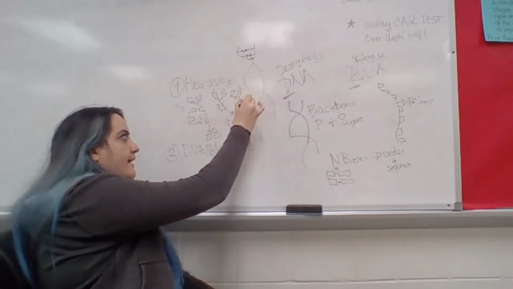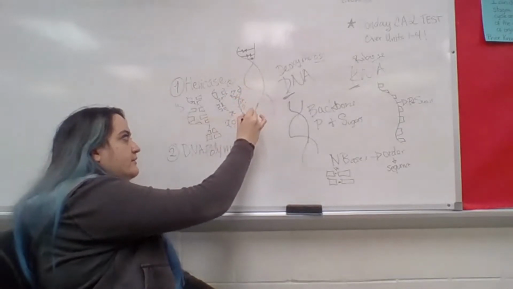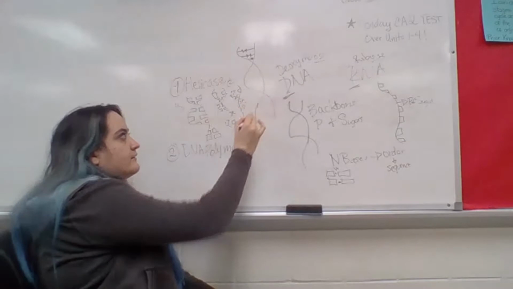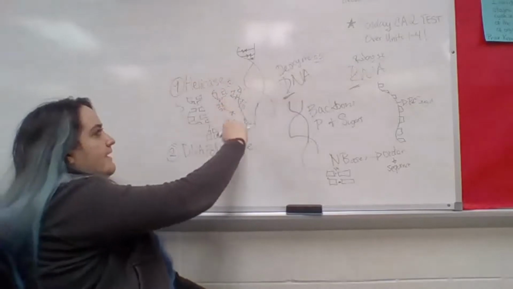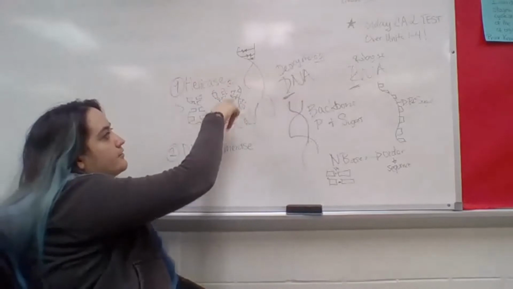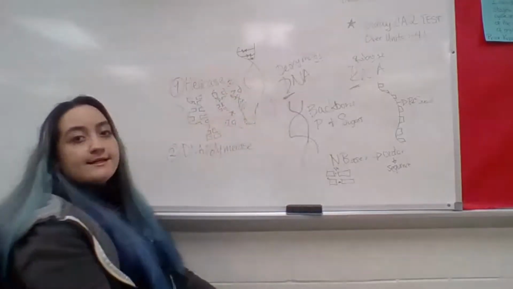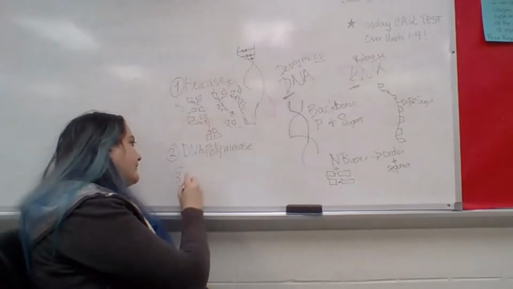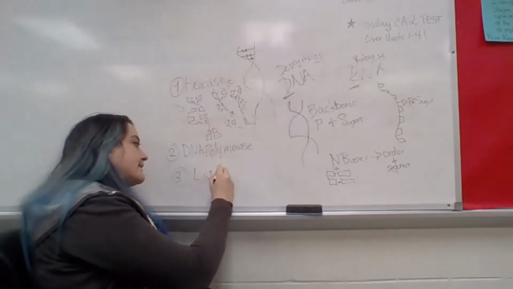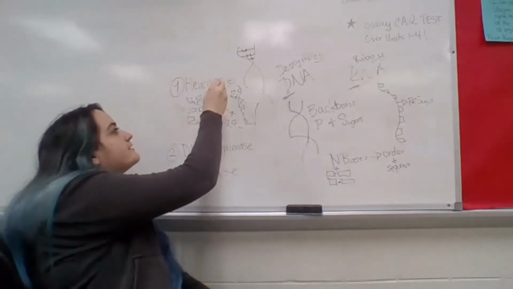So now we're going to have 3 strands of DNA. Okay, sorry, 4 strands of DNA. We had our original 2 and the new 2 that the DNA polymerase is adding in. And then our third and last step, the ligase is going to come in and seal them together.